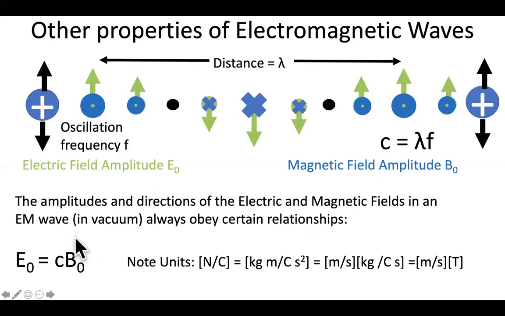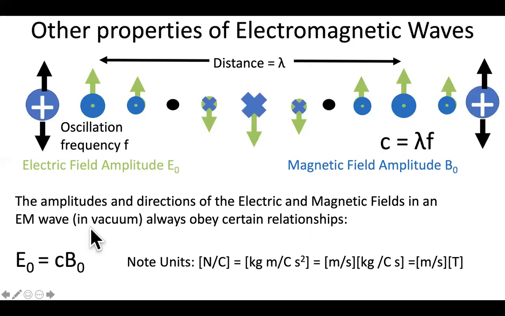And that relationship again involves the speed of light. It is basically this relationship down here. The amplitude of the electric field oscillation, which we designate here with E naught, is the speed of light times the amplitude of the oscillations in the magnetic field, B naught.